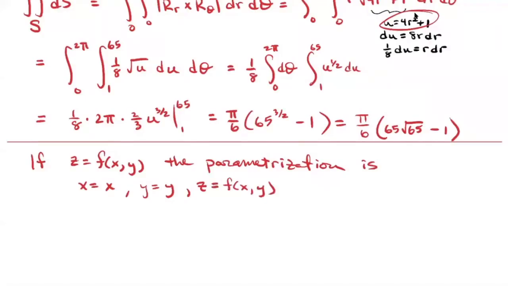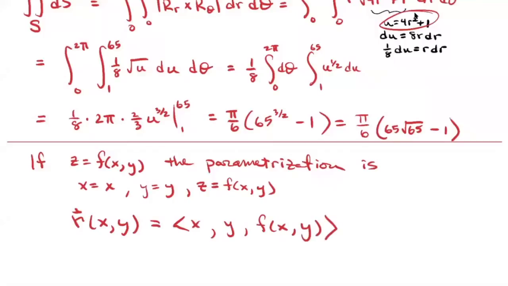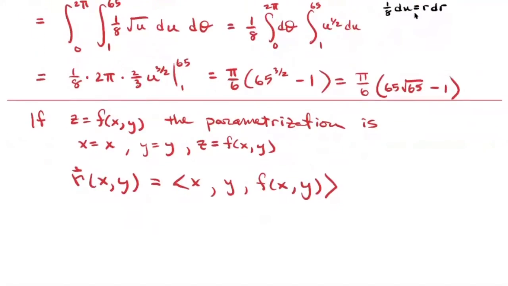So my position vector is r as a function of x and y. So x is x, y is y, but z is f of x, y. That's one way of doing it. I don't even need to use a u or a v. Any questions?